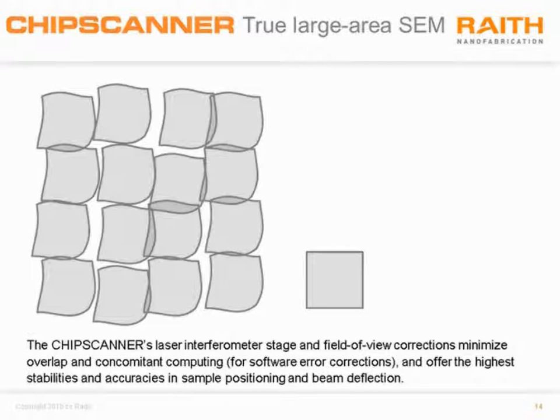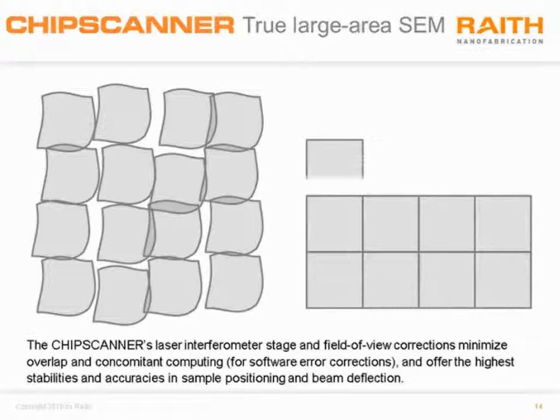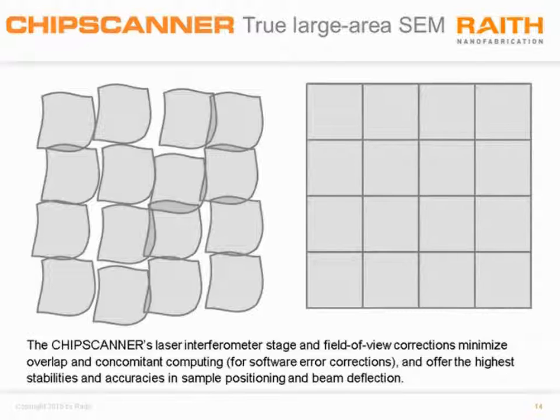And then this accurate field of view can be stepped with a very accurate laser interferometer stage, and these images can be stitched together. Also, the overlaps between the images can be minimized, and this really improves the overall speed of the chip scanner compared to a traditional scanning electron microscope.